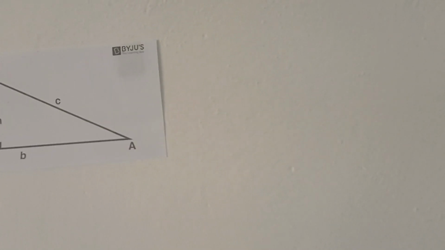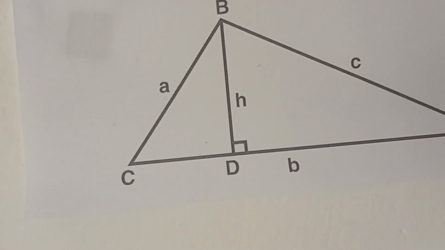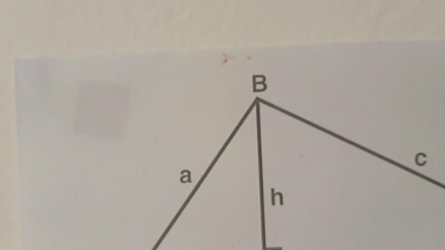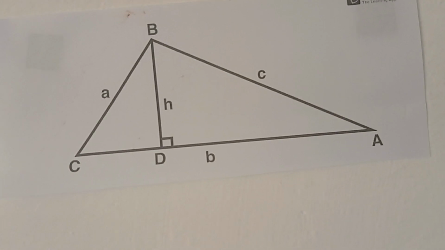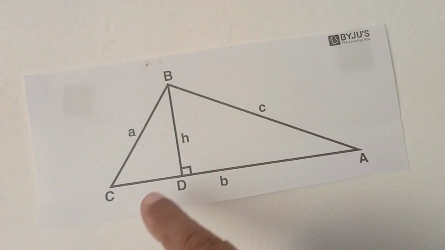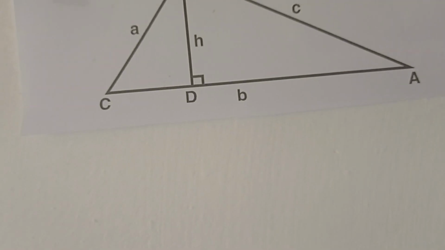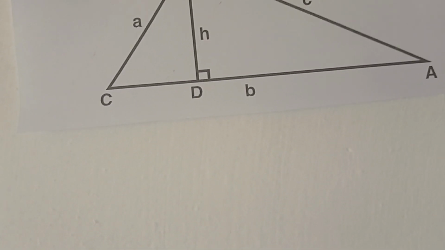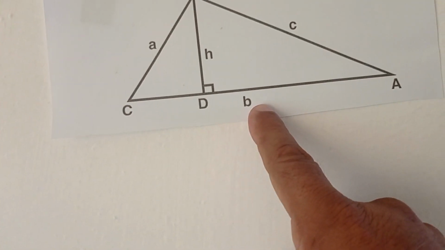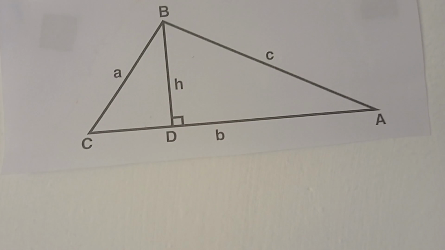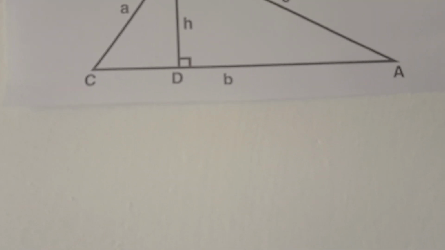As I said, the law of cosines states that for any given triangle ABC with sides a, b, and c, we have a formula.